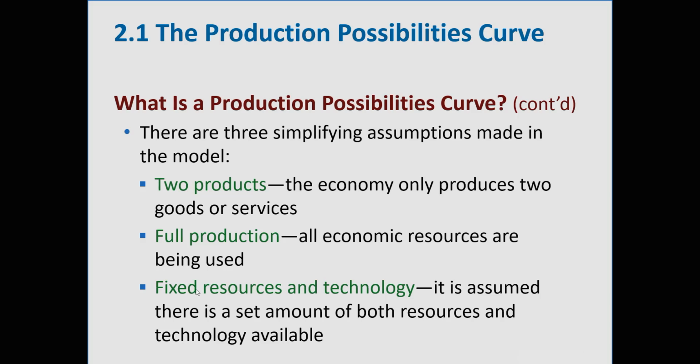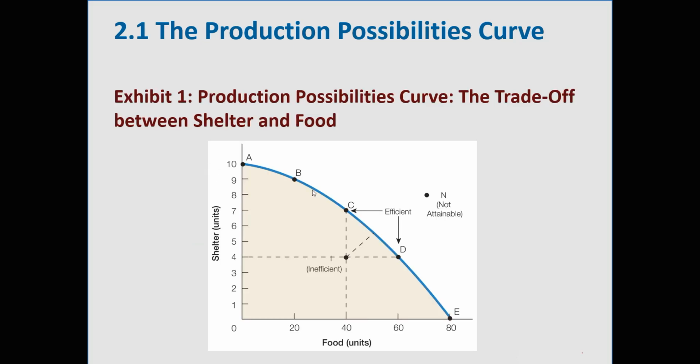Now remember, when we talk of resources, we refer to land, labor, capital, and entrepreneurship. So we are simply saying that these resources are fixed. Full production simply means they are fully used, and we are using all our resources only to produce two products. So we have this production possibilities curve. Now, if we assume we are producing two products, shelter and food.